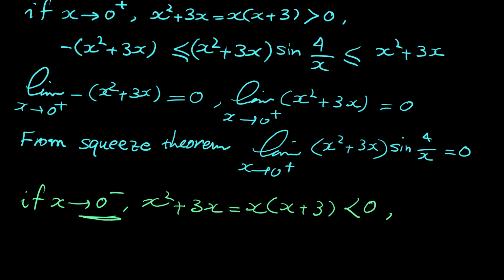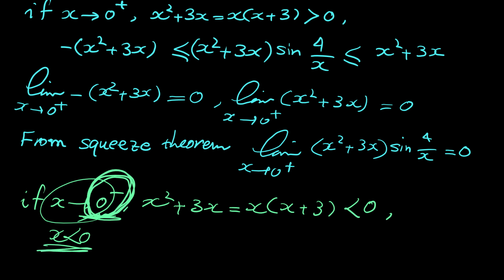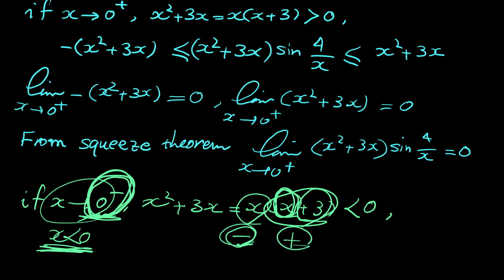When x approaches 0 from the left, x is a small number close to 0 but negative. But x, a small negative number, plus 3 would be positive. Negative times positive is negative.